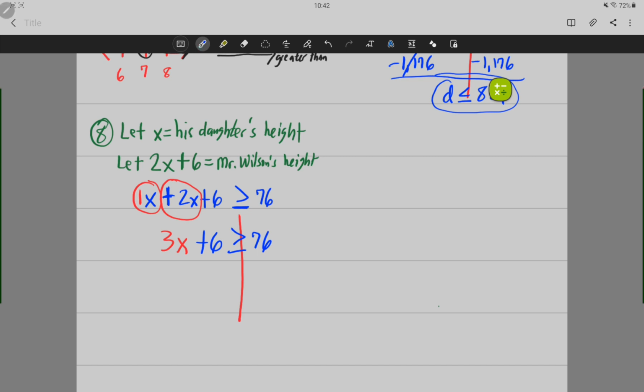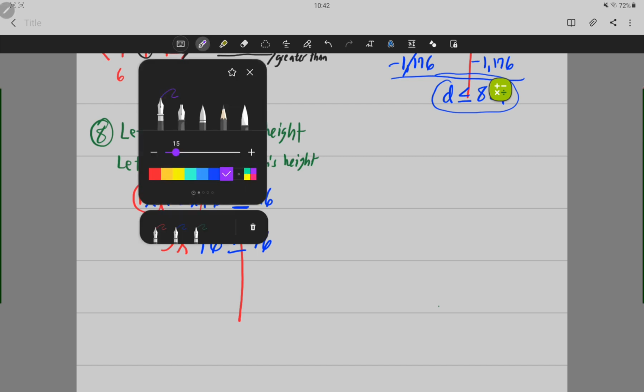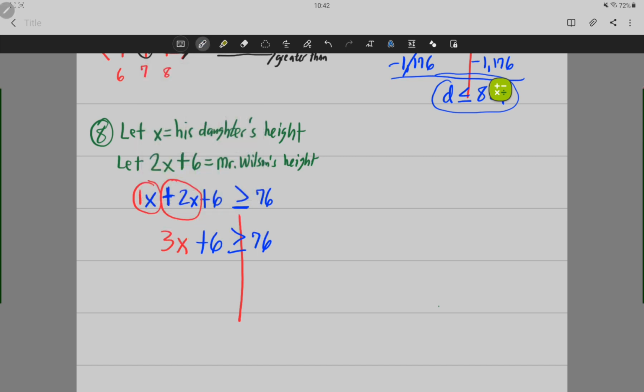So if we want to get x by itself, we're going to see that we have the constant term, the plus 6 or positive 6. So do the inverse operation there. Opposite of adding 6 is subtracting 6. Do that to both sides, keep it balanced. Now we haven't used the 3x, that's okay, just bring it down. 6 minus 6 is 0, just cancel that.